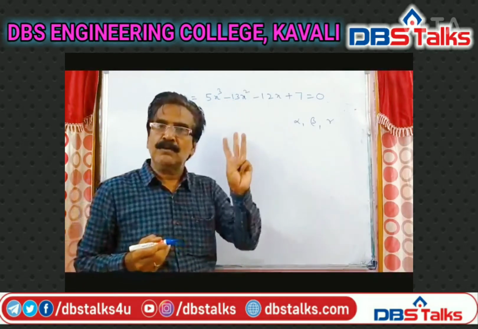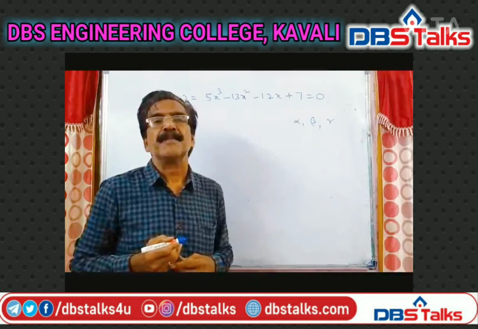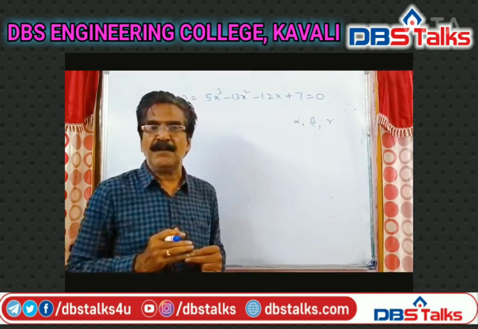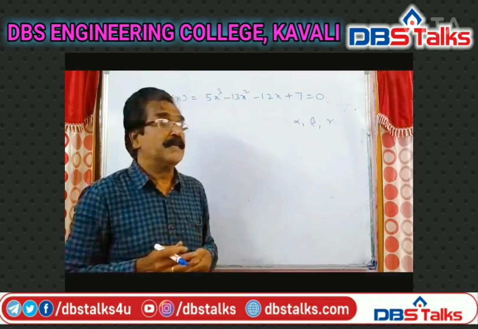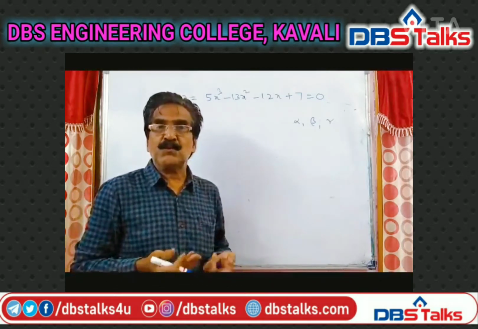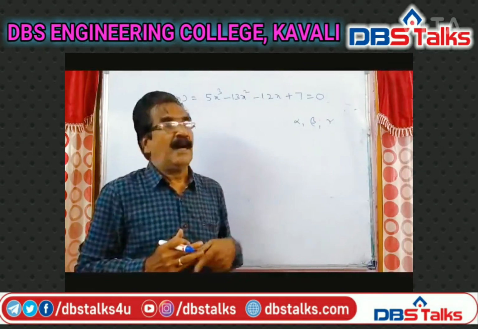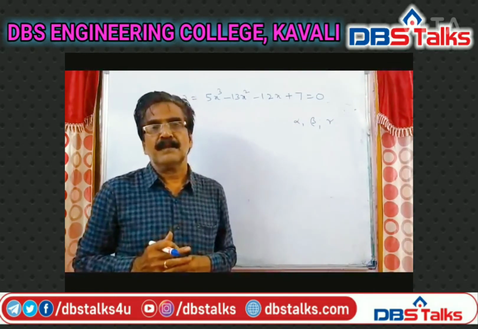It will have three roots, say alpha, beta, gamma. So we want a polynomial whose roots are diminished by 2. That is, we want the polynomial whose roots are alpha minus 2, beta minus 2 and gamma minus 2.